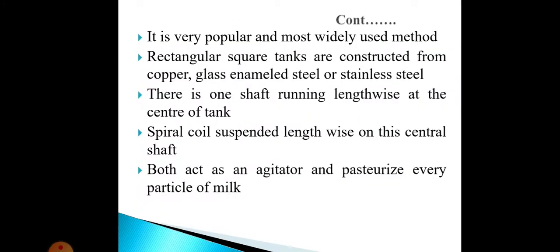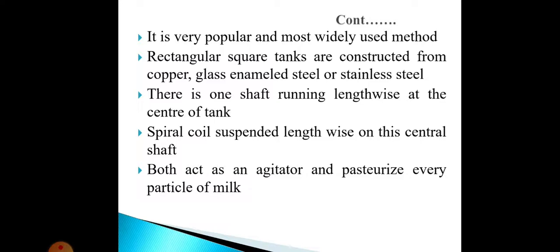So this is a very popular and most widely used method. Rectangular square tanks are constructed from copper, glass, enameled steel or stainless steel. There is one shaft running lengthwise at the center of the tank. A spiral coil is suspended lengthwise on this central shaft.